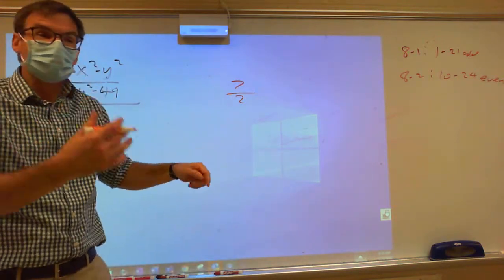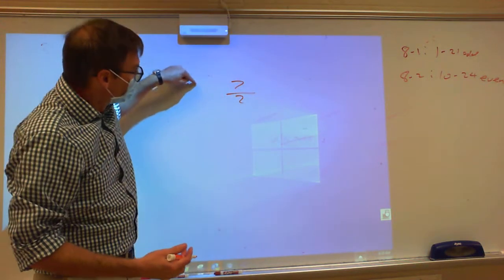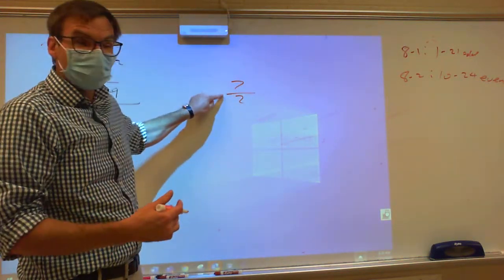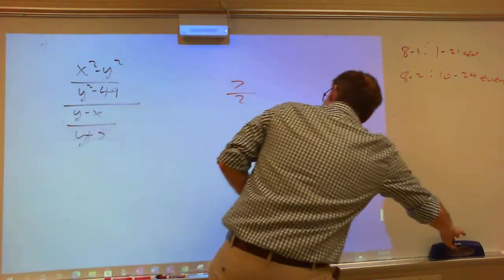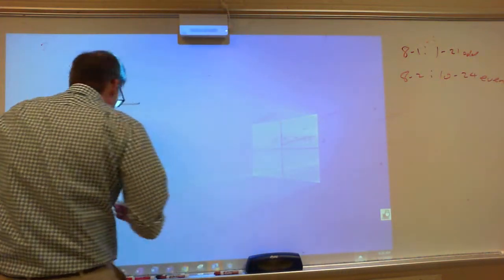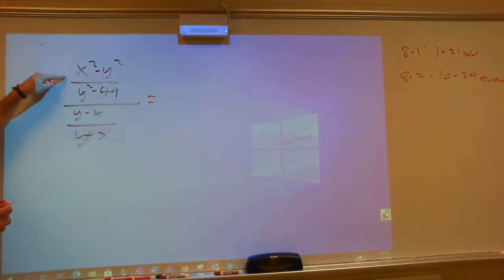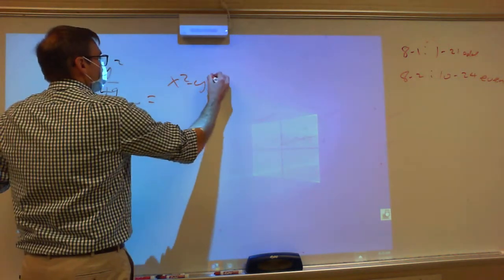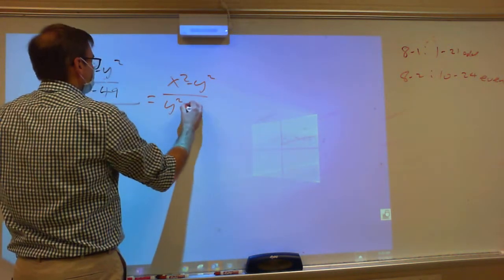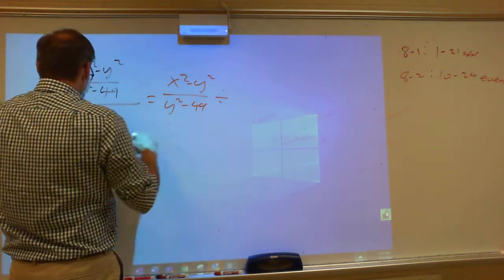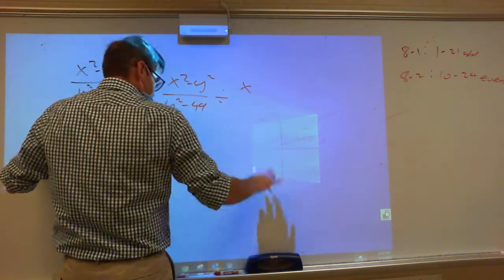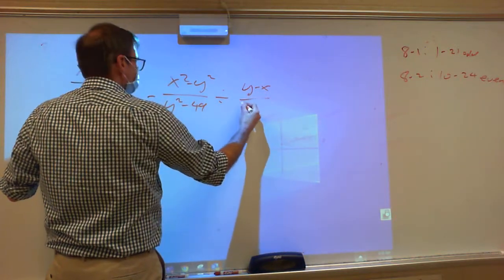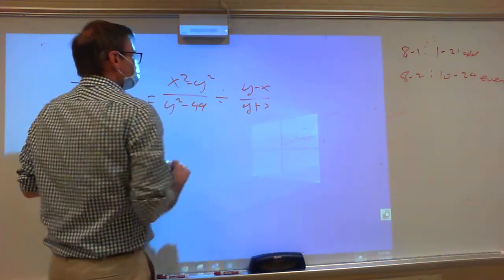And we did that when we did the polynomials. We had some ugly polynomial divided by x plus 2. This means divided by. So what this thing actually means is x squared minus y squared over y squared minus 49 divided by y minus x over y plus 7.